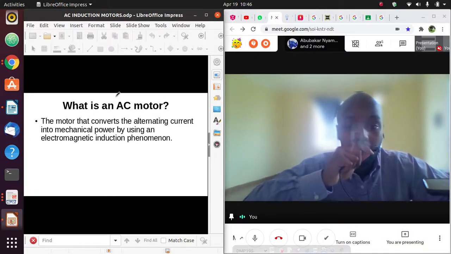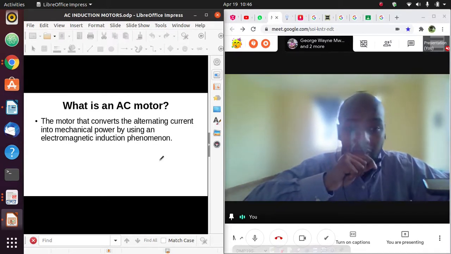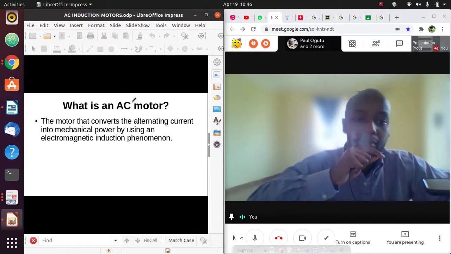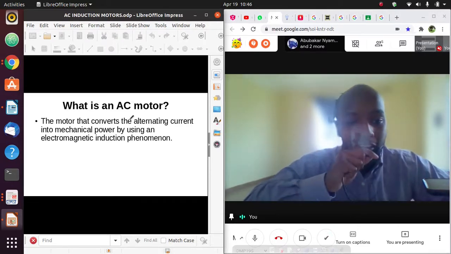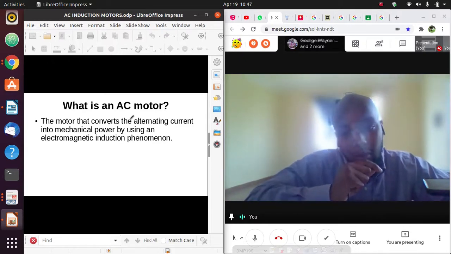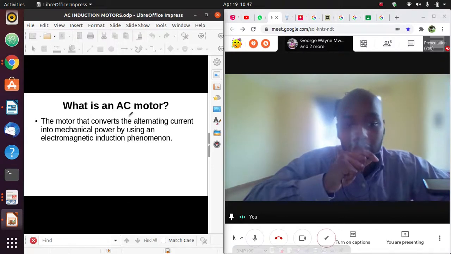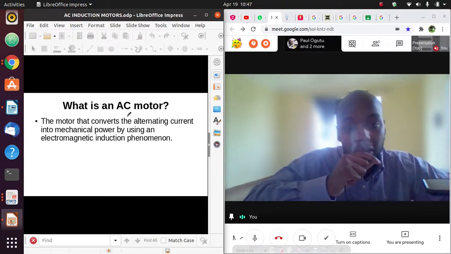Now, today I'm going to introduce the topic of induction motors. And to start us off, I'm just going to begin by explaining what an AC motor is. I'm sure every one of us has come across a motor, even as a child, maybe with a toy car with a motor. But those motors are DC motors. They use a DC source, DC current, to power the motor.